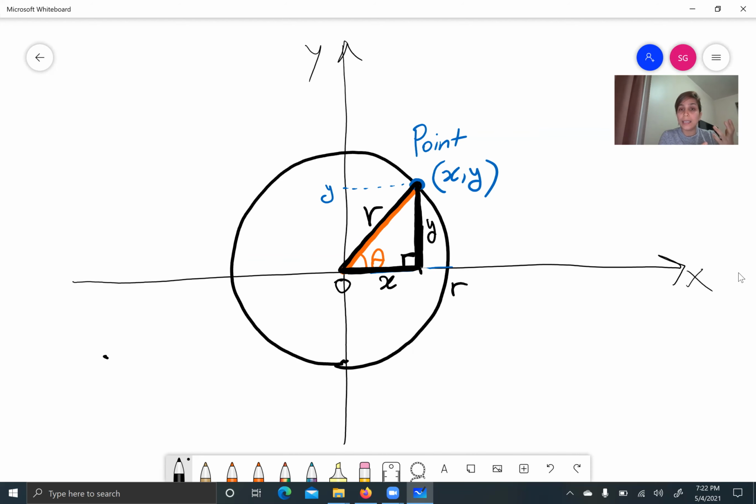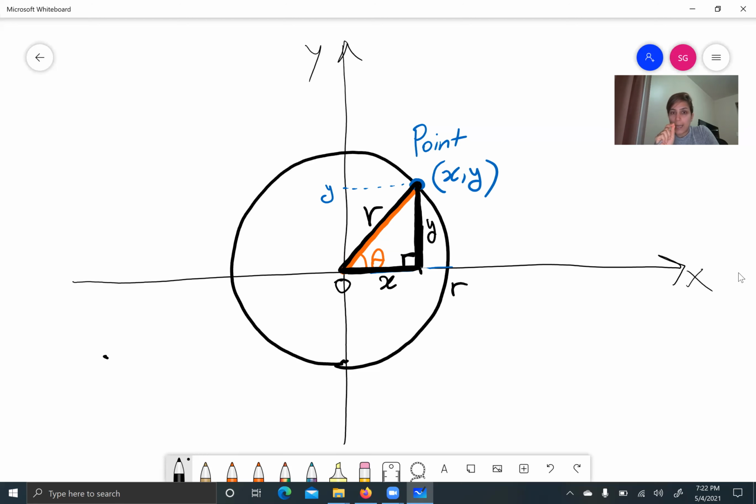One side is equal to the radius, and the other two sides have the same values as the x and y coordinates of the point. That's the base of a trigonometric function based on this triangle.